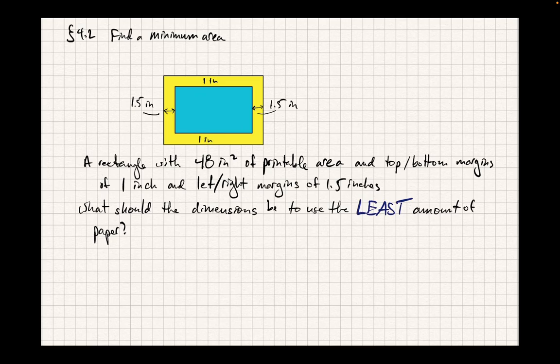So here, for the width of the printable area, I'm just going to call that x, and the vertical dimension I'm going to call y. And so I need a formula for area. x times y.